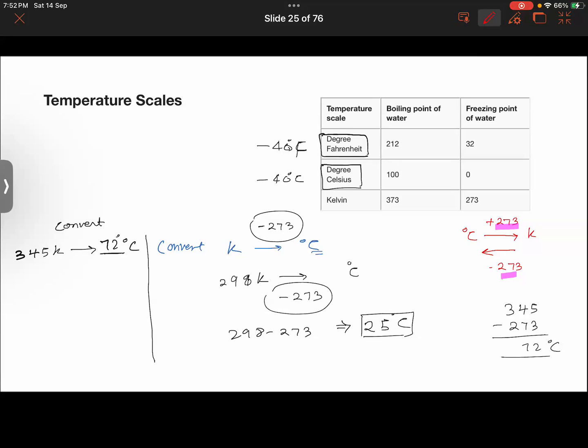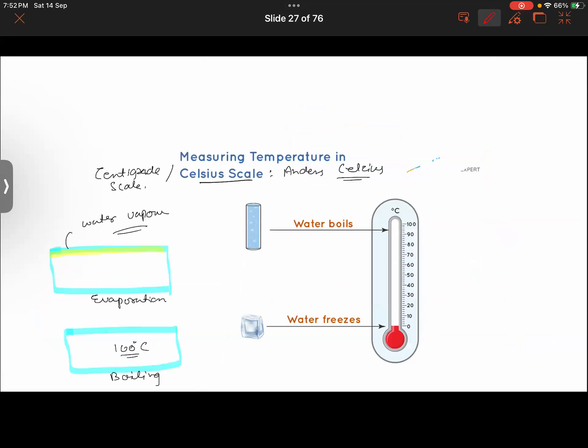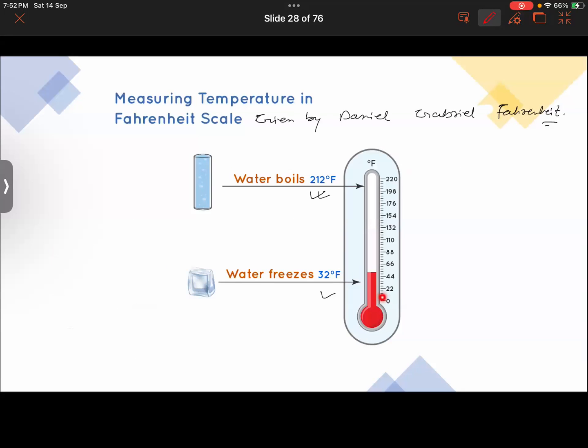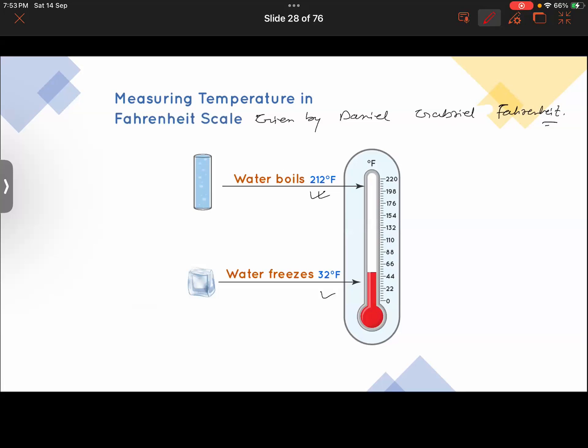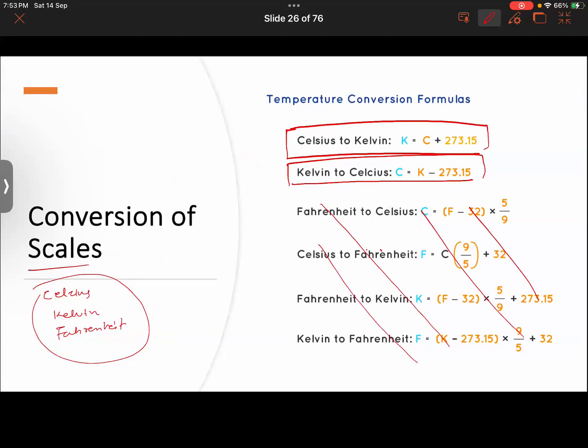If you look at the scales themselves, there are 100 divisions in this scale, 220 divisions in the Fahrenheit scale, but in the Kelvin scale there are around 100 between 273 Kelvin and 373 Kelvin. So the divisions are different, and since their divisions are different, because of that we have to subtract.